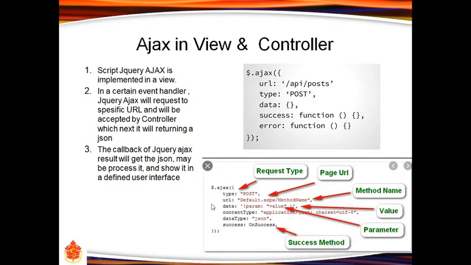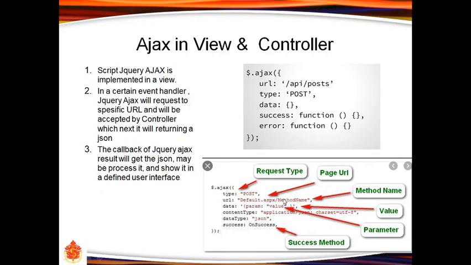Okay, the structure of the Ajax caller is like this one. There is the request type here, post. It is recommended to use post. Always use post for security. And there is the URL page here. And then the method. There are the page and the web service. And then sometimes we need to pass a parameter.